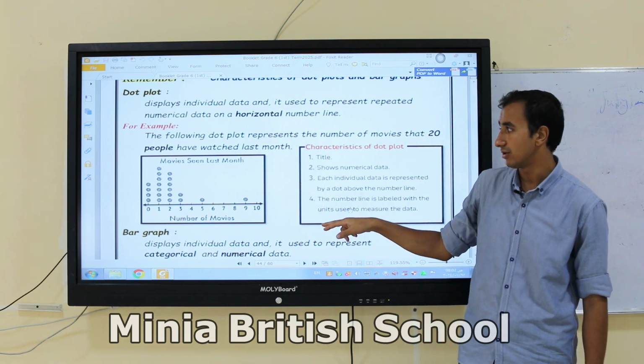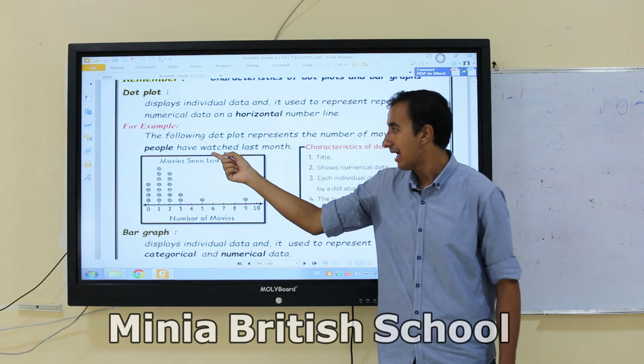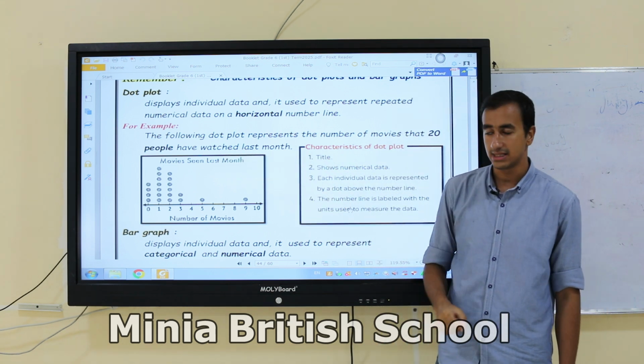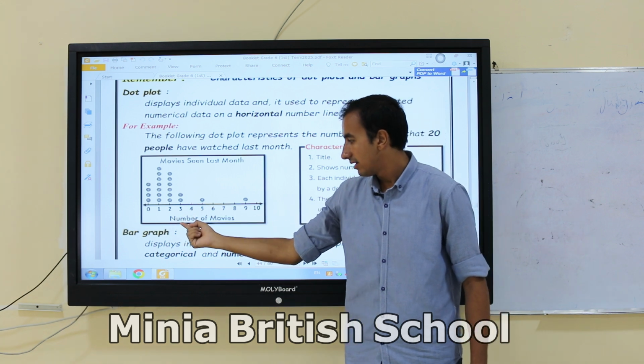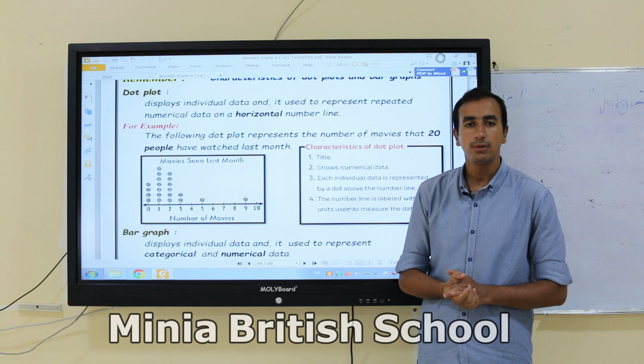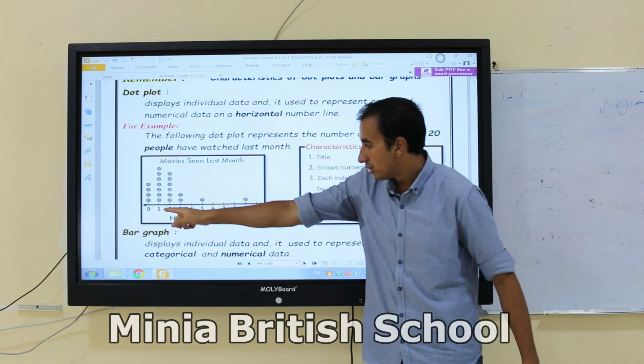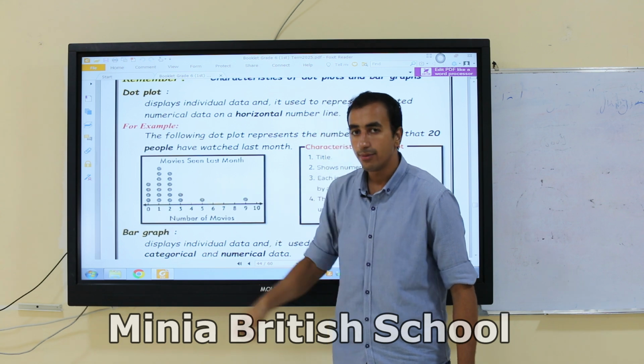For example, the following dot plot represents the number of movies that 20 people have watched last month. Look here, number of movies in the last month. How many people didn't see any movie? So I have 1, 2, 3, 4.